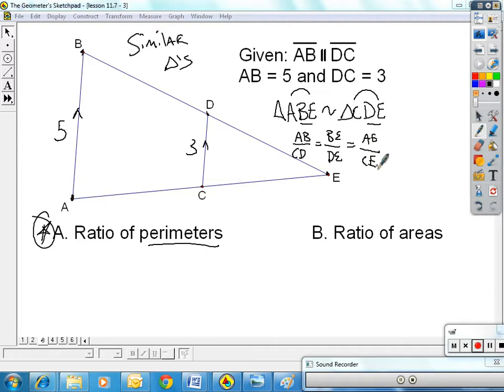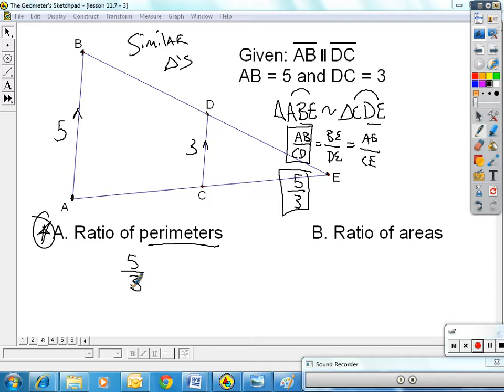And since I knew what BA is and CD, that is my ratio of similarity, which is 5/3. So my ratio of similarity is 5/3. Therefore my perimeter, it is also a one-dimensional distance. So the ratio of my perimeters is 5:3.